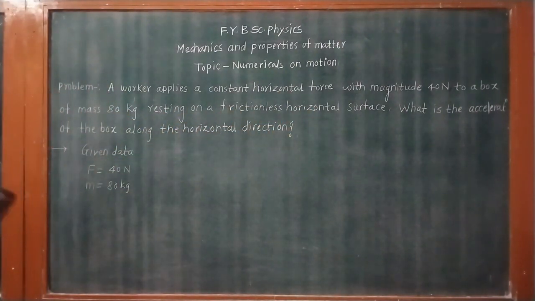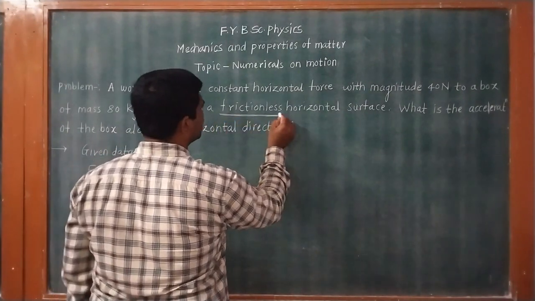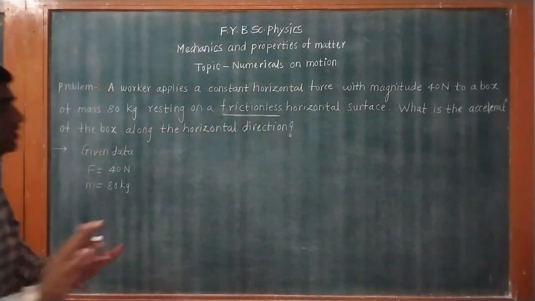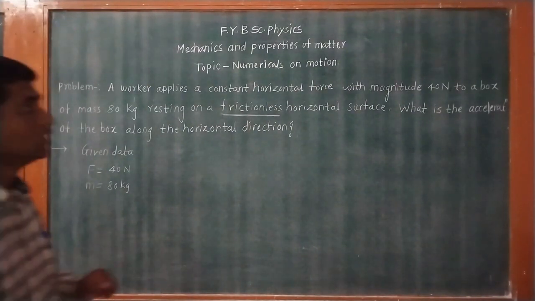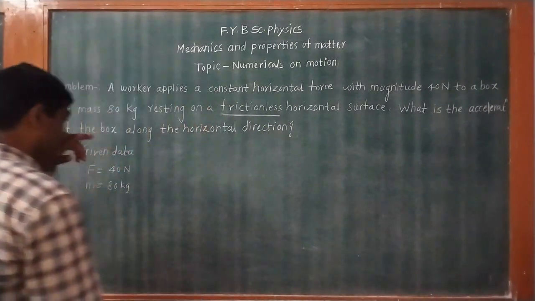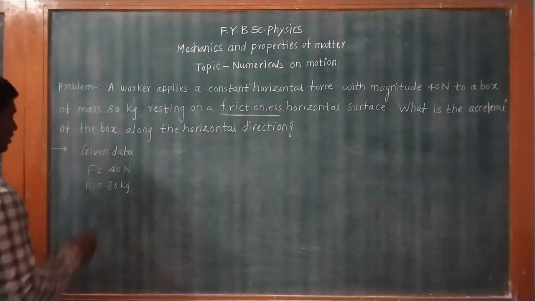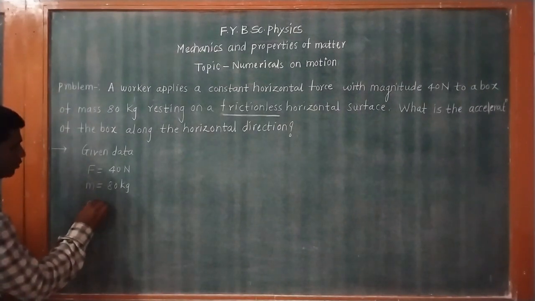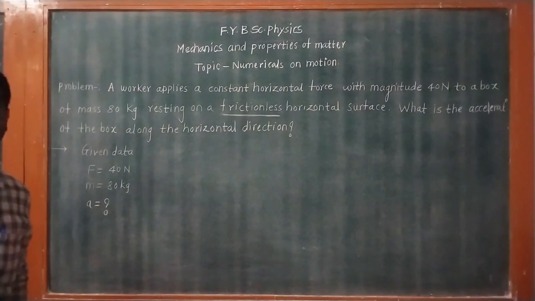I would like to focus on this word frictionless. So the frictional forces are negligible in this problem, and you don't have to bother about these forces. What is next? We have to find out the acceleration of the box along the horizontal direction. So acceleration is equal to question mark.